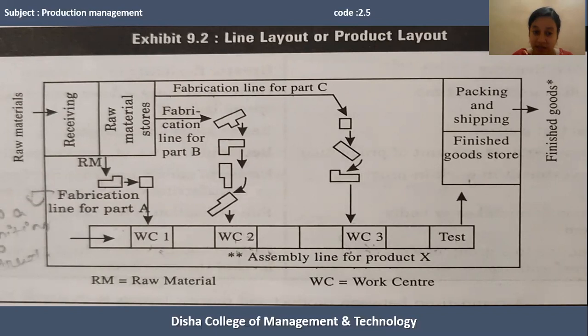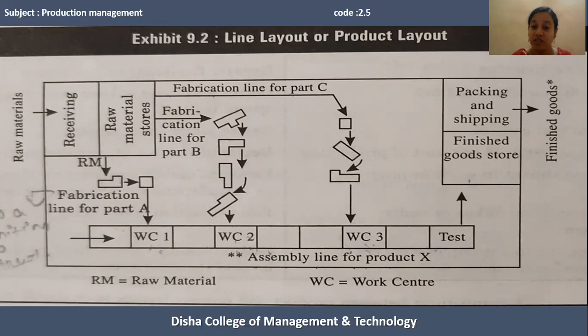After processing in the first machine, the semi-finished goods are moved to the second machine. If in the second machine there is a requirement of some material, again from the store some raw material is issued to work center 2, meaning machine 2, and after that the semi-finished goods move to another work center that is arranged in a straight line.